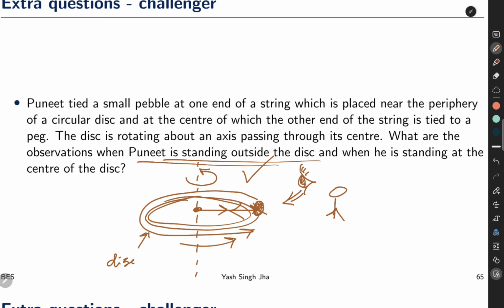What if he is standing at the center? He is here in the center, second case. What will happen? He will see that there is a force acting on the stone, having a pushing effect on it, pushing it away from the center.